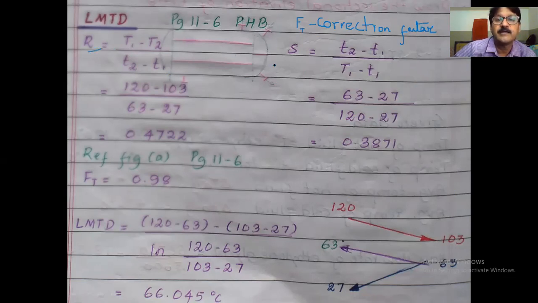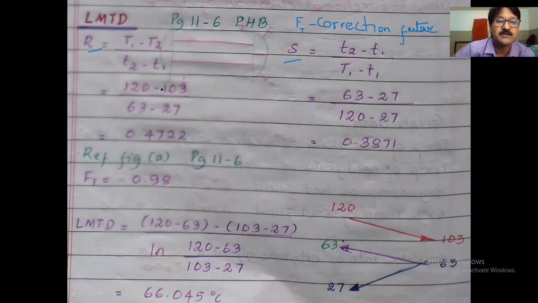R and S. Okay. R is what? T1 minus T2 divided by t2 minus t1. S is equal to t2 minus t1 divided by T1 minus t1. So T1 is 120, T2 is 103, t2 is 63, and t1 is 27, as you can see from the temperature profile.